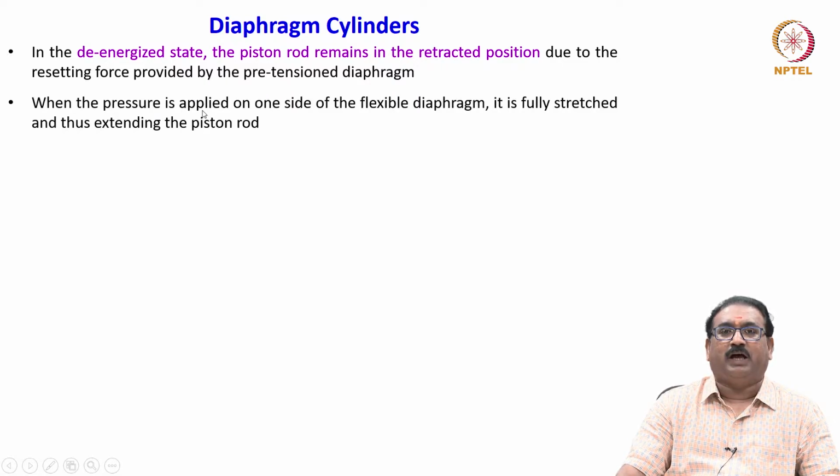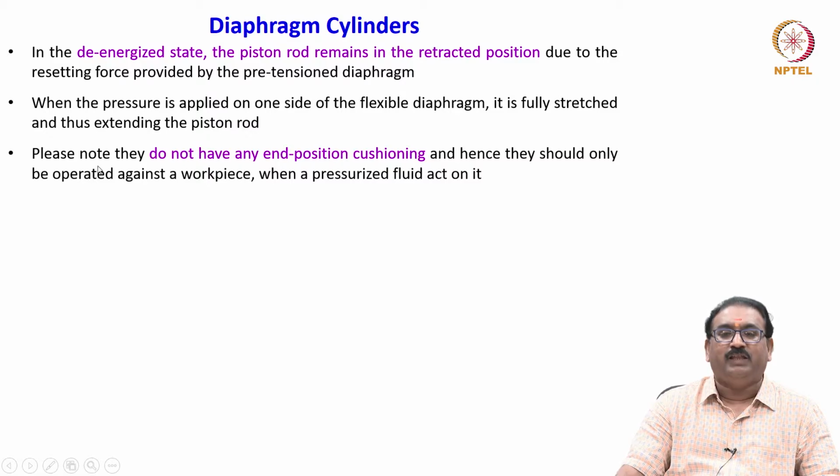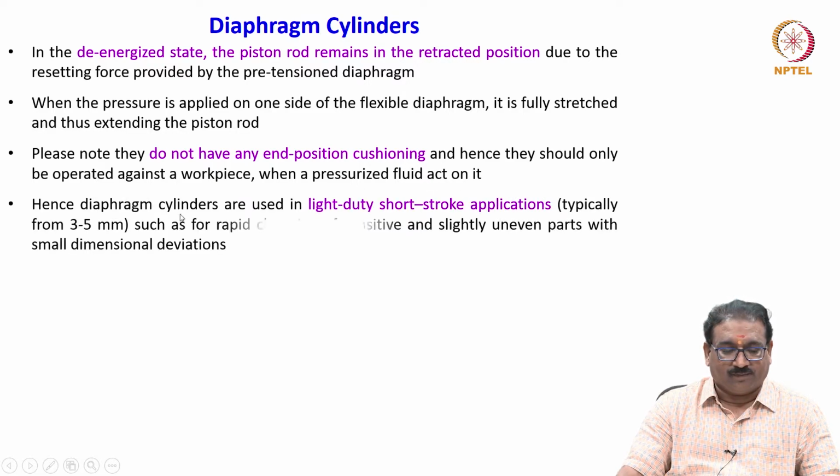When pressure is applied on one side of the flexible diaphragm, it is fully stretched and thus extends the piston rod. Please note, they do not have any end position cushioning, and hence they should only be operated against the workpiece when a pressurized fluid acts on it.